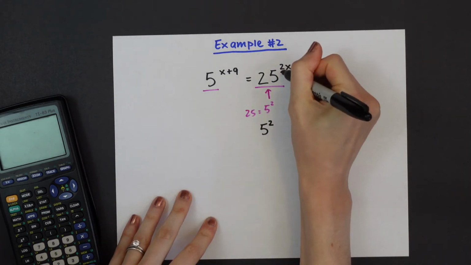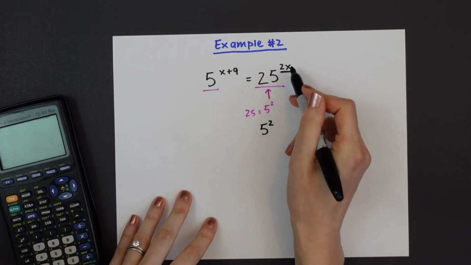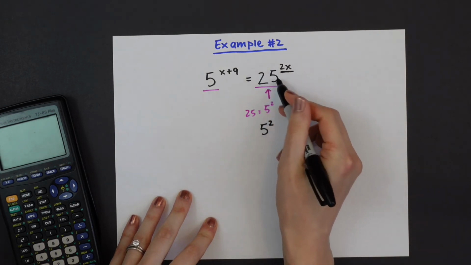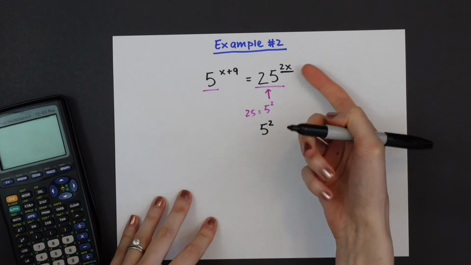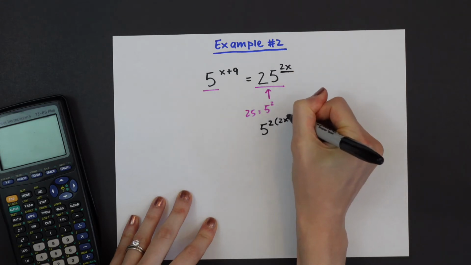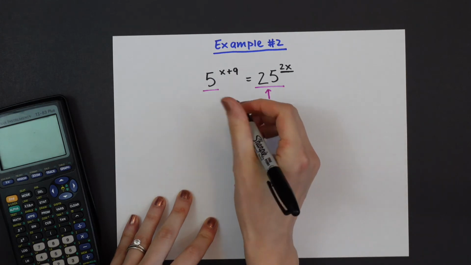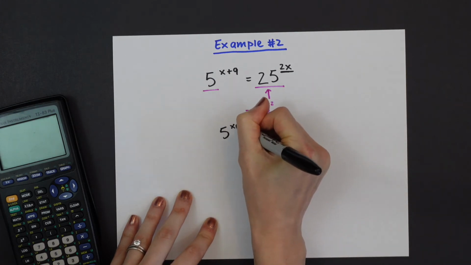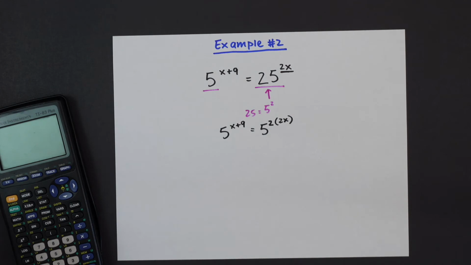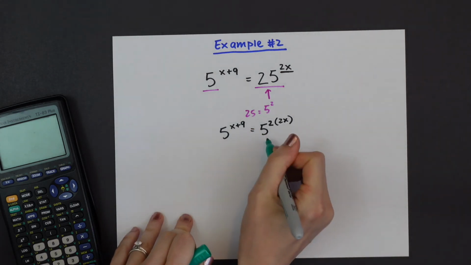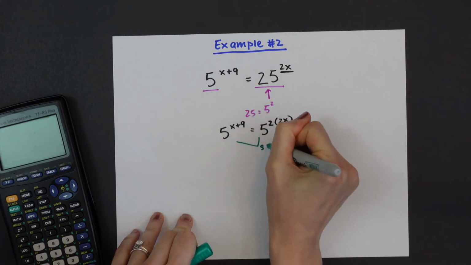We have 5 squared for 25, but it's already attached to a 2x, so we're just going to bring that down over here. On the left-hand side, we're keeping that the same, so we have 5 to the x plus 9. And now we have the same bases, a 5 and a 5.